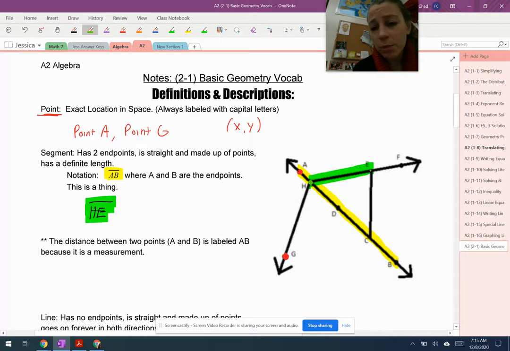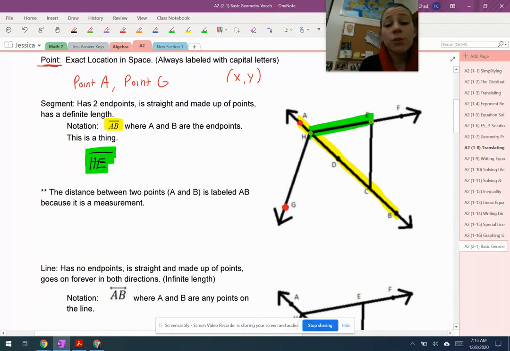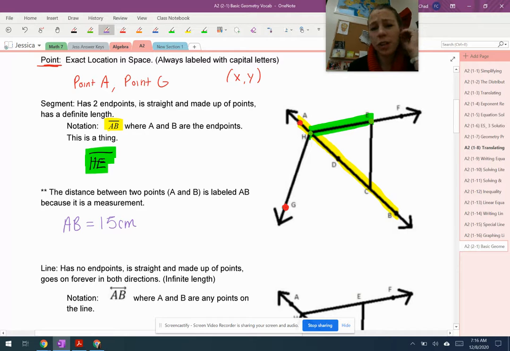Point H, point E. So if it has a line over the top, that just means line segment. The distance between 2 points is always labeled with AB with no line over the top. So if I just say, the line segment AB is 15 centimeters, it wouldn't have the line over the top. Not a huge thing to worry about.